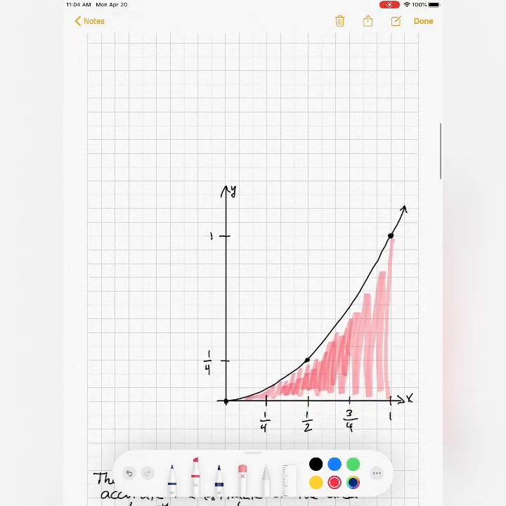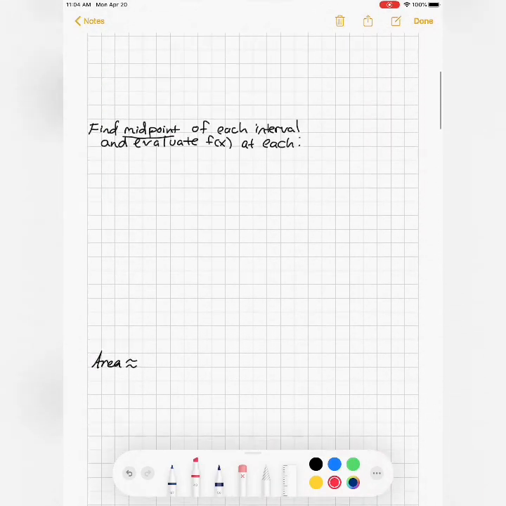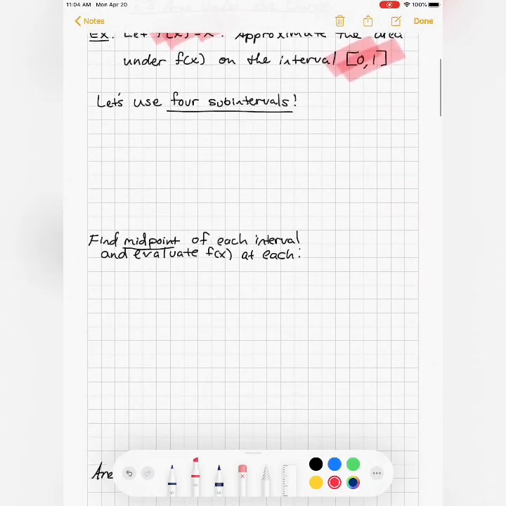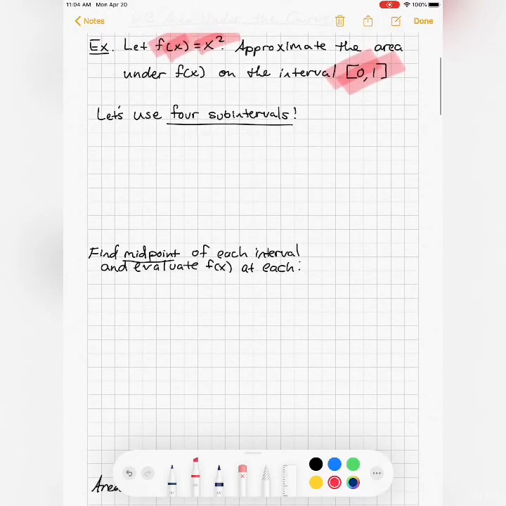So an idea is, let's break up that interval. I have to pick a number of intervals, so I just pick something. Let's say we pick 4 sub-intervals. That means we're going to break up that interval 0, 1 into 4 sub-intervals.